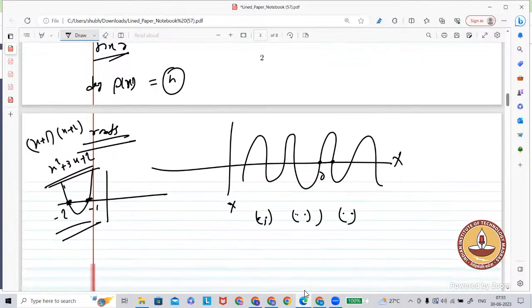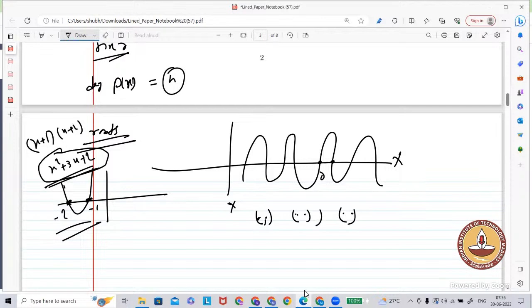Quadratic is also a polynomial, but we are specifically reading it in week 3 because it has some different properties, like the maximum, minimum, upward, downward, and also the slope we studied directly using the formula.